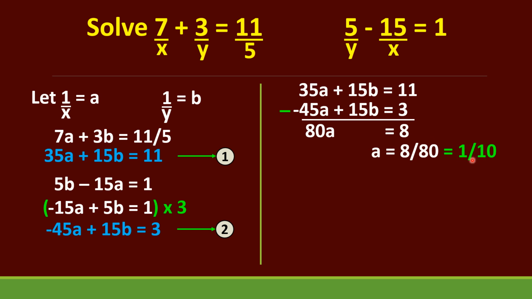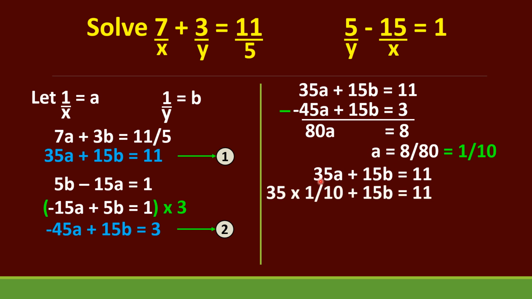Now we have to find the value of b by substituting the value of a in any of these equations. Let us take the equation 35a + 15b = 11. The a value is put here: 35 into 1/10 plus 15b is equal to 11. And 35 into 1/10 is 35/10.